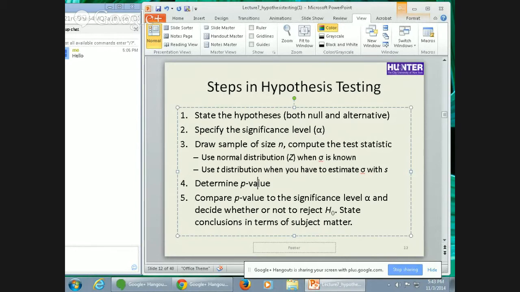It's the probability of finding your test statistic or something more extreme if the null hypothesis is true. That's exactly right. You then compare your p-value to your significance level alpha and decide whether or not to reject H0. If it's less than alpha, you reject H0, otherwise you do not reject it.